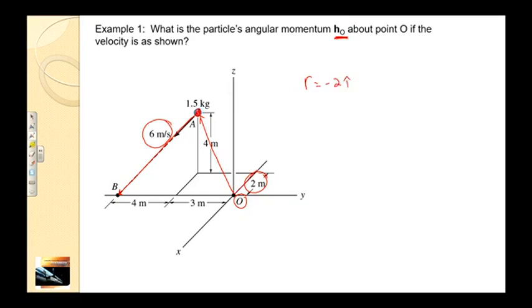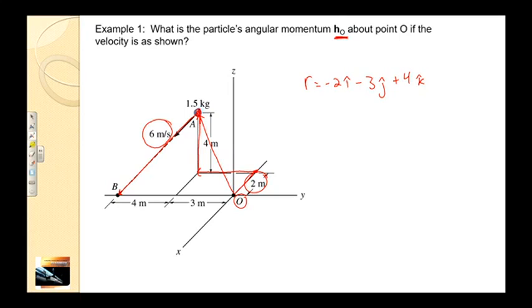I just went back here. And then the y direction goes this way, minus 3. And in the z direction, I go this way, plus 4. So minus 2i, minus 3j, plus 4k. And this is probably like meters or something. A unit of distance. Yeah, meters.